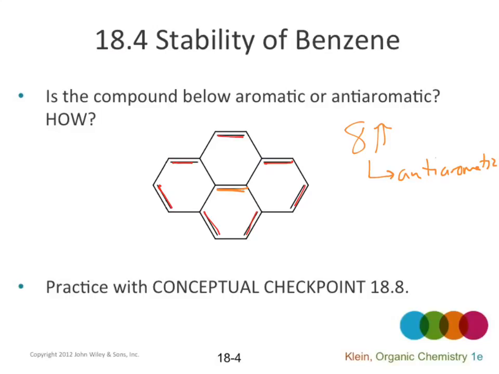If we take that orange pi bond and try to do resonance and move it outwards, we could push our pi electrons around. You'll notice that we end up eliminating one pi bond. It doesn't show up in the resonance. If you alternate different possible arrangements of how you're pushing those pi bonds, you'll find that you will always not include one pi bond.